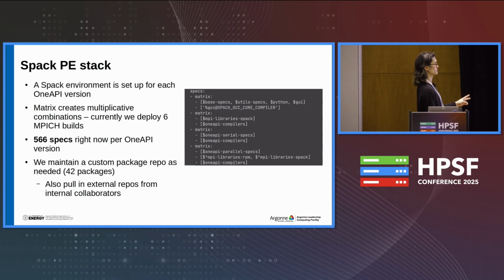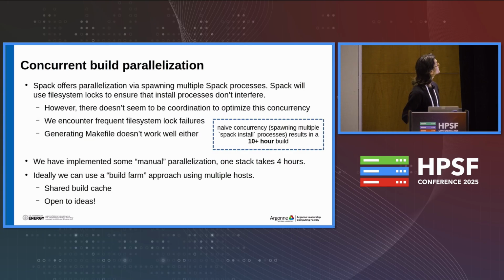But if we deploy 2 versions, it gets kind of crazy. But we do have different Spack environments for each oneAPI version, so it's not too bad. And we maintain a custom package repo, a few dozen packages there, and pull in external package repos from internal collaborators. Mostly, they just develop their own packages and then package it into Spack for us.